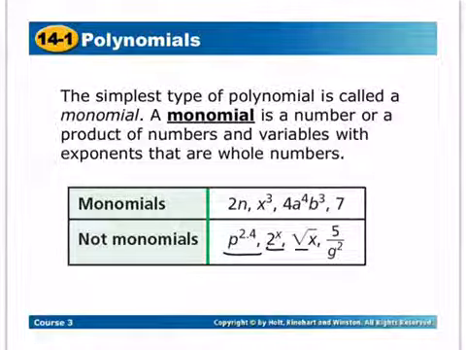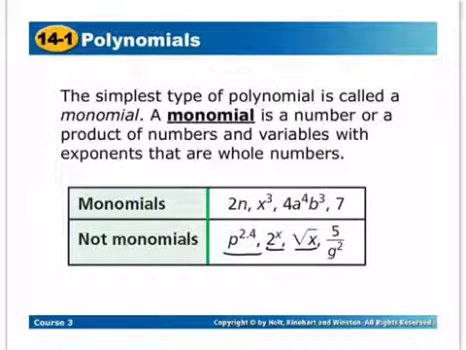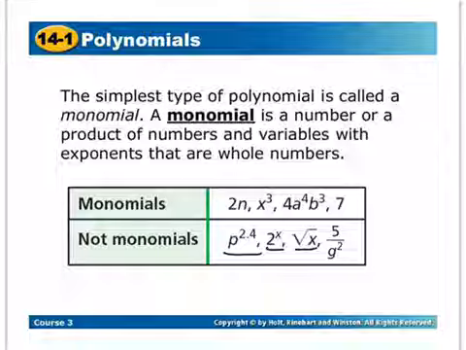If you have a variable underneath a radical, it cannot be a monomial because any number could be inside that variable. So you could have a negative number, or a decimal number, or anything that would make it not a monomial. And you can't have a variable in the denominator because, again, that variable could have the value of 0, which gives you a division by 0 error.